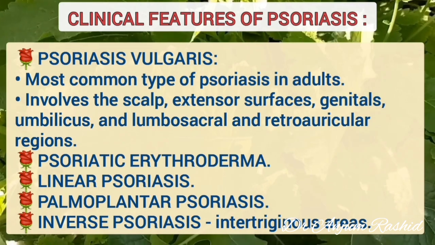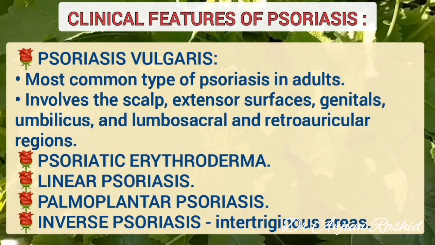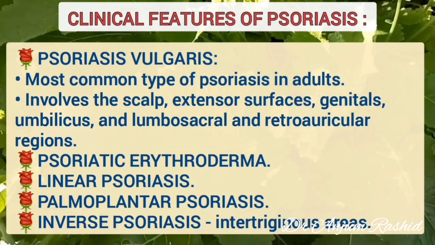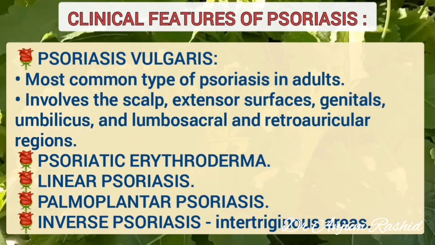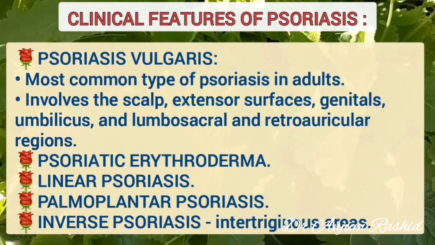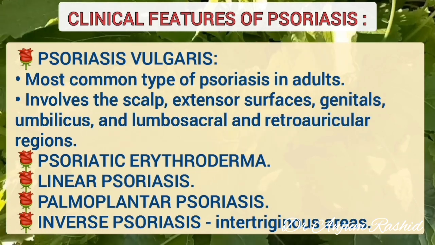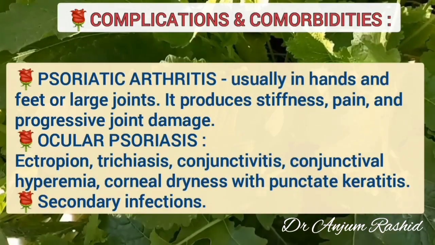This involves the scalp, extensor surfaces, genitals, umbilicus, and lumbosacral and retroauricular regions. Other rare types of psoriasis include psoriatic erythroderma, linear psoriasis, palmoplantar psoriasis, and inverse psoriasis, which is present in intertriginous areas and flexure areas.